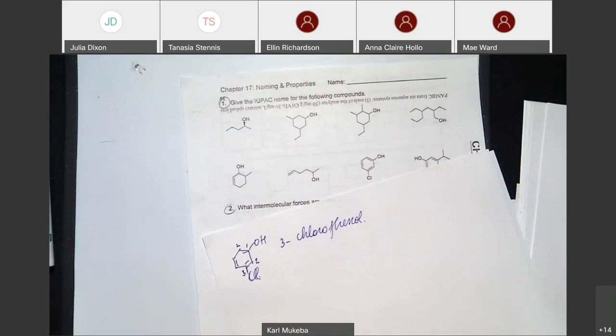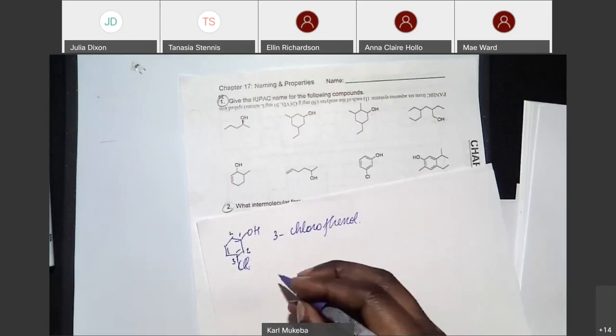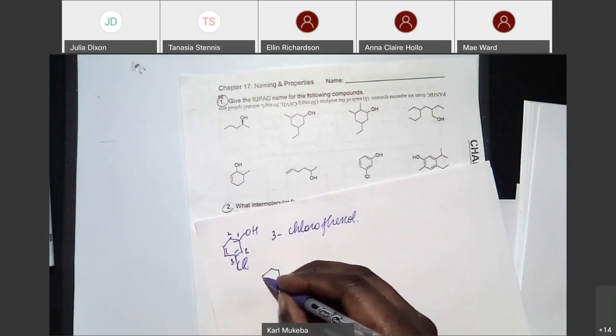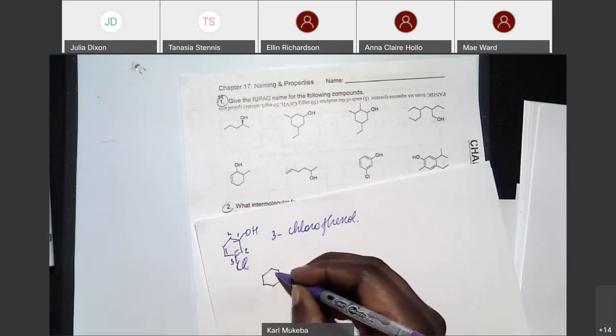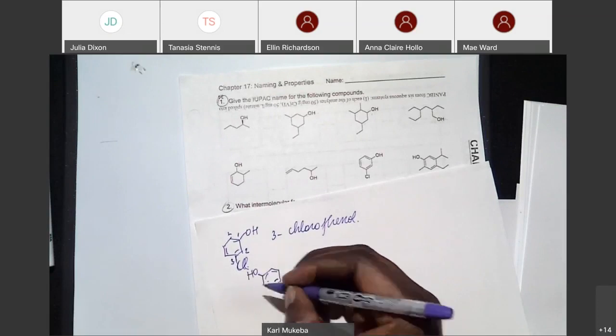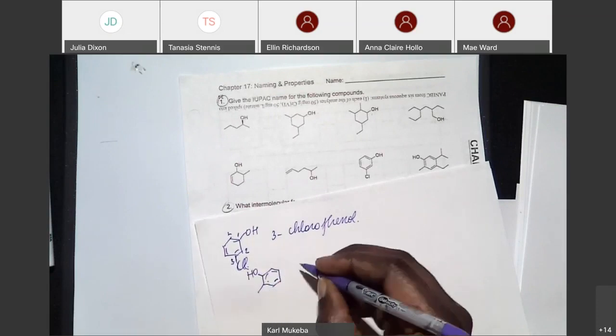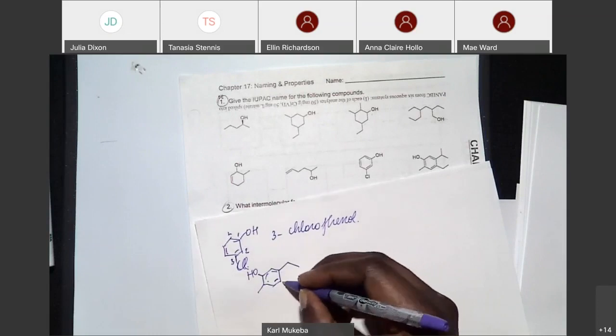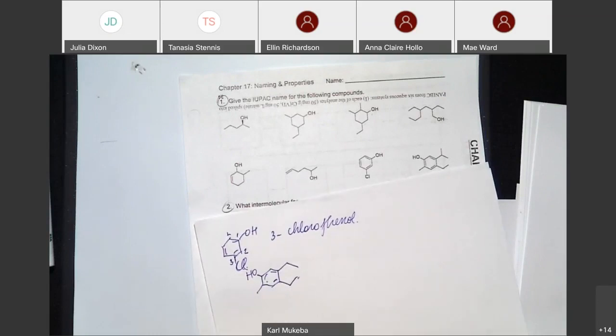Remember, we talked about phenol instead of a benzene, so 3-chlorophenol. And then the last one is a kind of more complex, but it is not if you know how to assign the numbers. The most important thing you have to remember, guys, is how to assign the numbers. That's the most important.